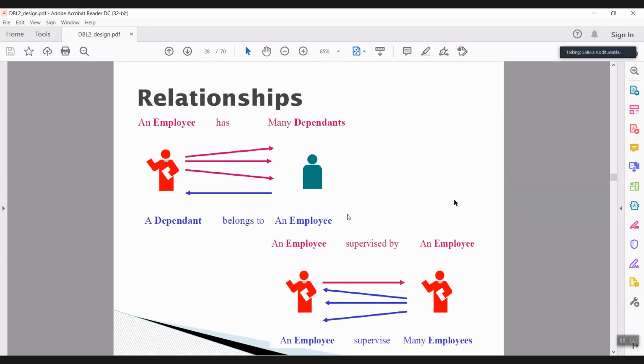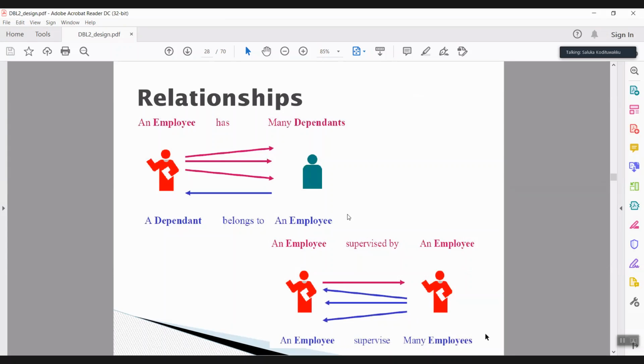In both of those two examples, the two participating entities are different. Earlier, department and employee, now employee and dependent. But if you move to the third one, here the participating entity is the same: an employee and an employee. What it says is that an employee is supervised by an employee. That means each employee is supervised by another employee, and an employee supervises many employees.